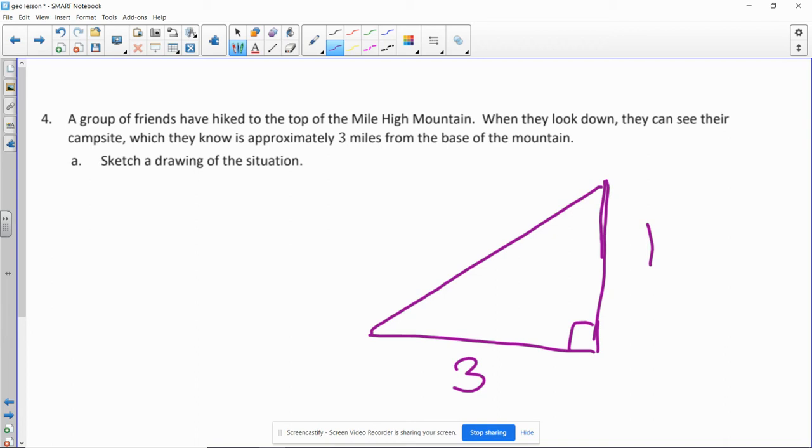And then part B says, what is the angle of depression? The angle of depression is always off the horizontal. So if they're at the top of the mountain looking down, this angle is my angle of depression.